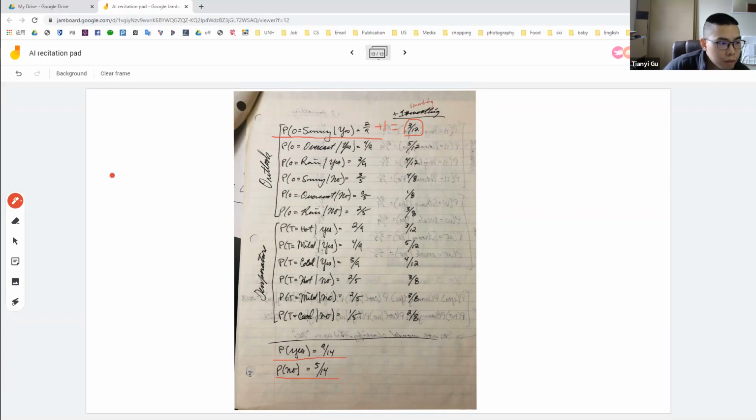So I'm wrong, it's 3 over 9. Wait, do we +1 on the numerator or the whole value? I think we +1 on the numerator, so it becomes 3. So I guess I'm right: we +1 here, and this becomes 12 because we +3.